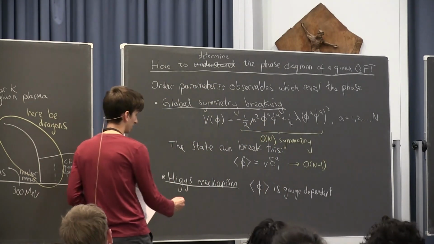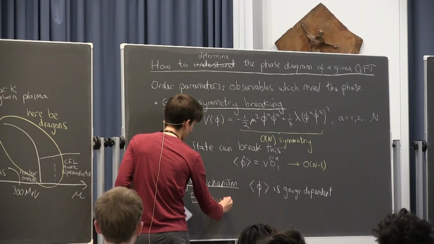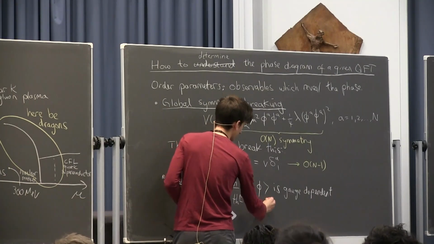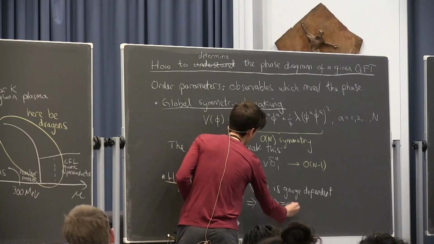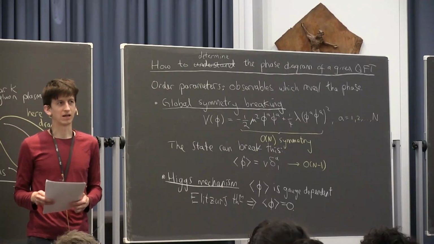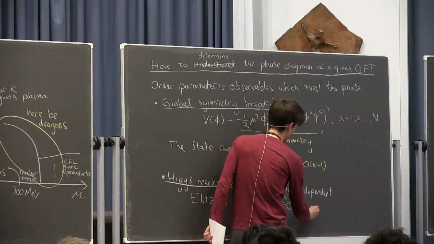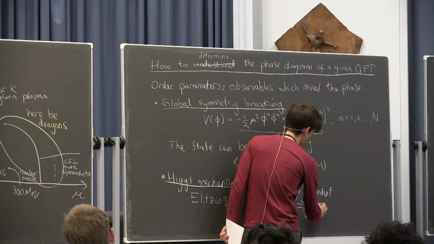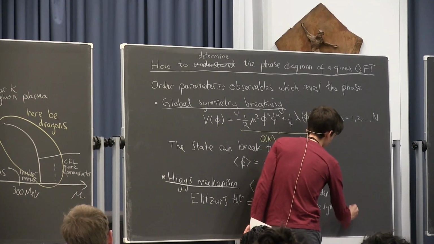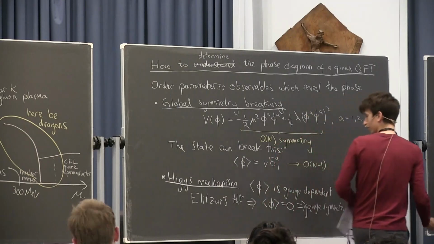And as a consequence, there is something called Elitzur's theorem, which tells us that because it's gauge dependent, it's 0. All gauge dependent expectation values are 0, which means gauge symmetry is never broken.